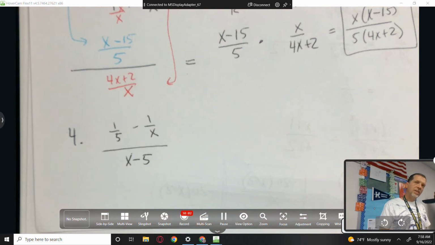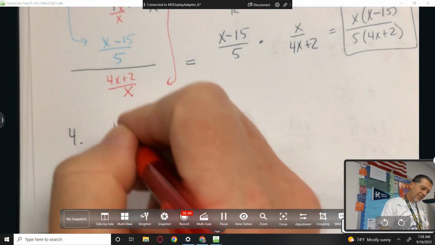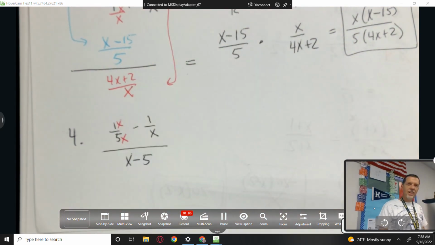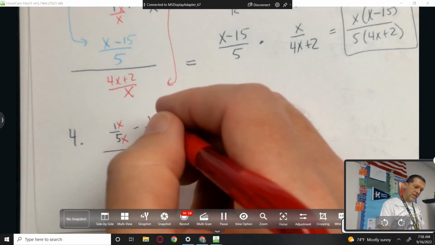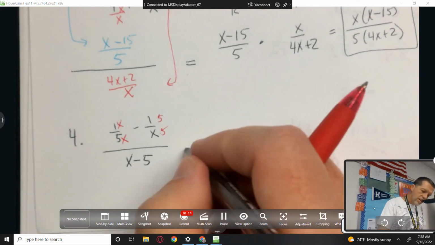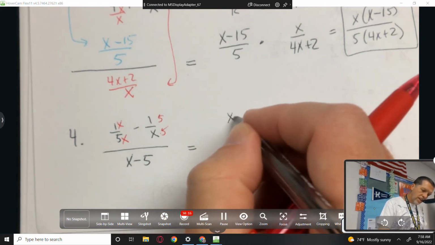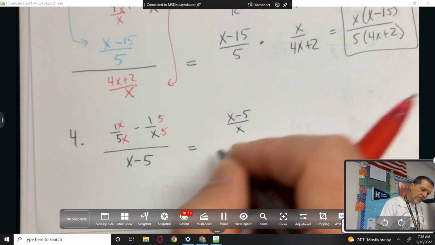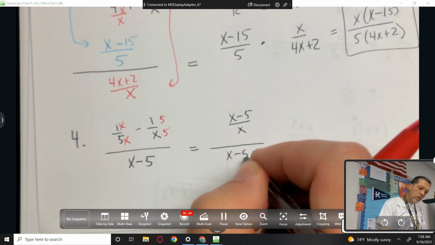Top or bottom? Both. Good. So now I've got x minus 5 over x all over x minus 5.